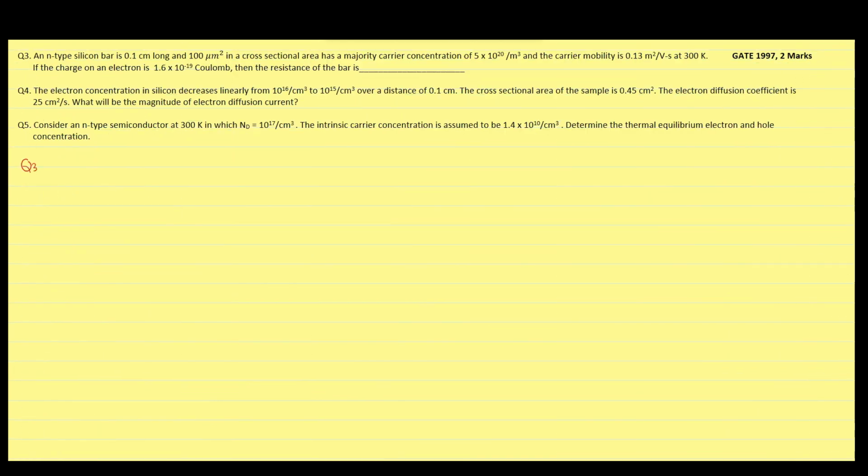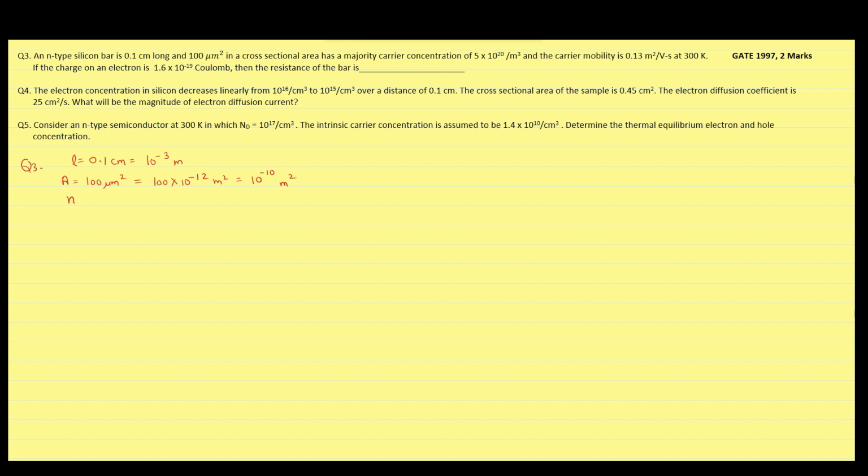For the third question, we have length 0.1 centimeter, which we can write as 10 raised to the power minus 3 meter. Area is provided 100 micrometer square, which can be written as 10 raised to the power minus 10 meter square.